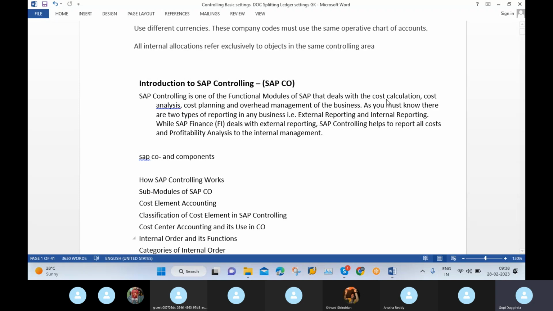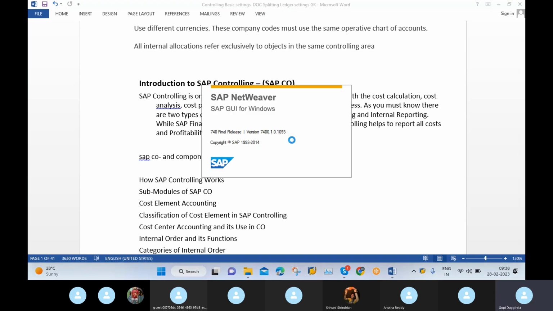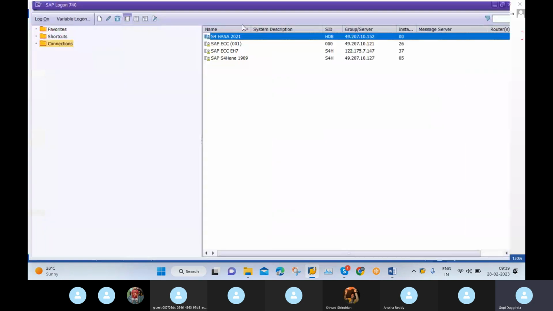So whatever GLs we created in finance with FS00 will be treated as primary cost elements in controlling. Secondary cost elements we can also create with the help of FS00. This is the main difference between finance and controlling from an integration point of view.